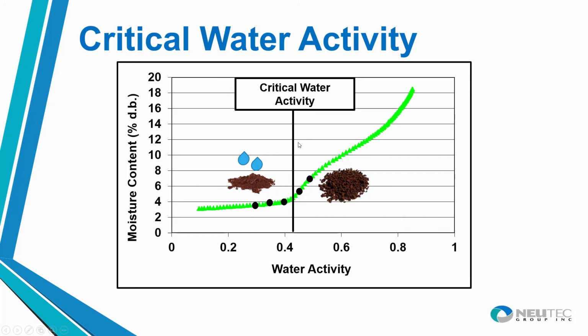That's critical too, because while this data point at about 0.4 water activity is okay at 25 C, there's a good chance that at say 35 C, the critical water activity is on the other side of it, which means it's now on the wrong side and will start to cake and clump.